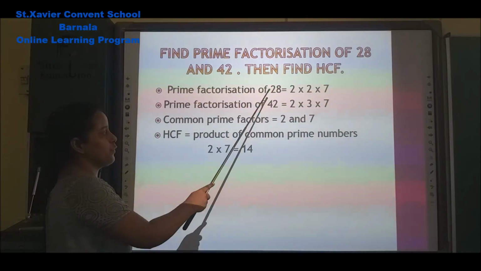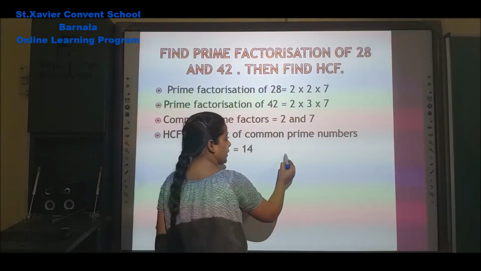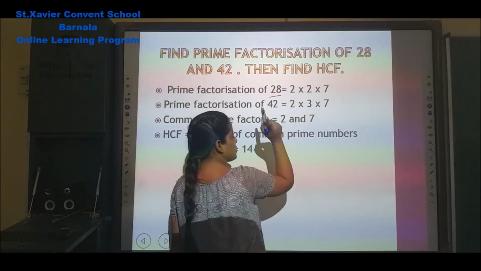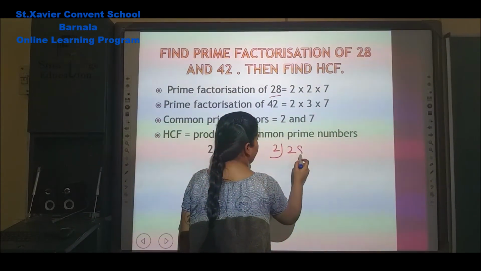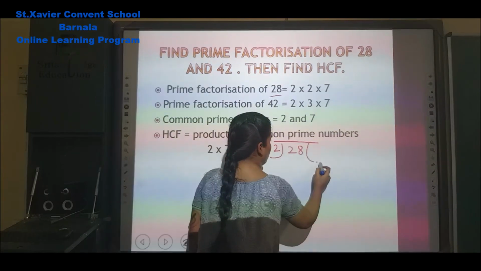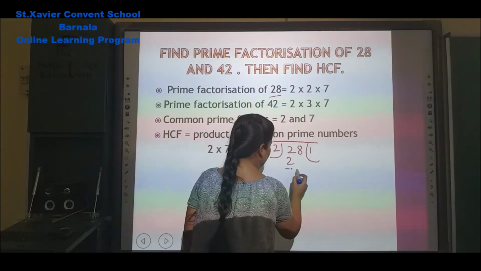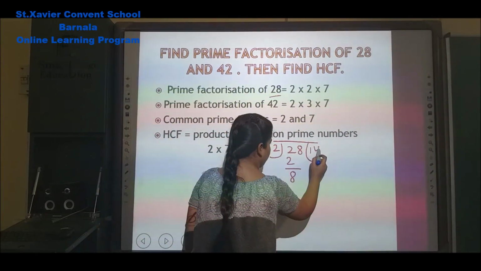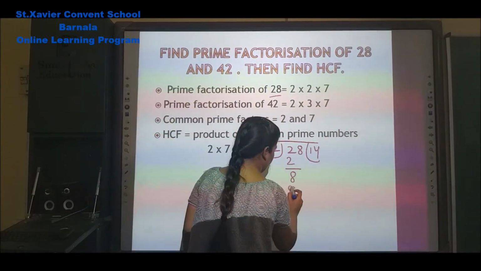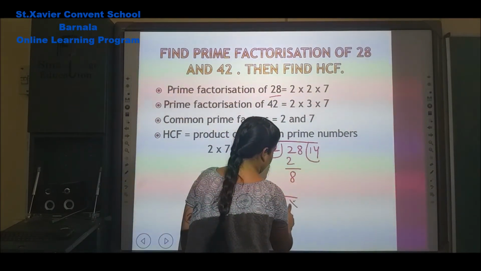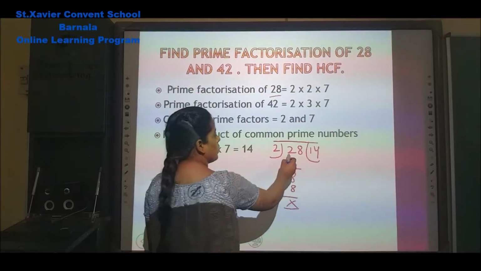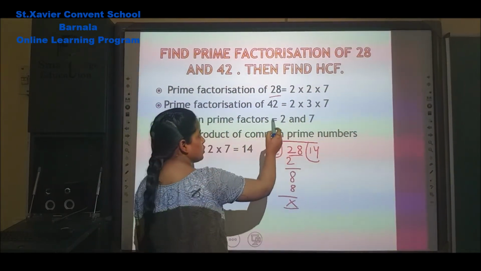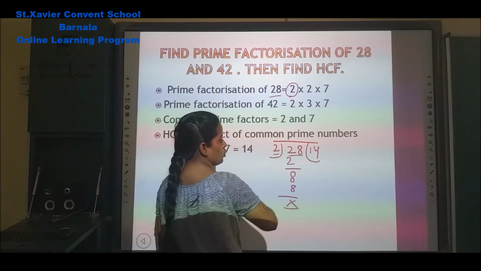Prime factorization of 28. First we divide 28 by the first prime number 2. So 28 divided by 2 is 14.